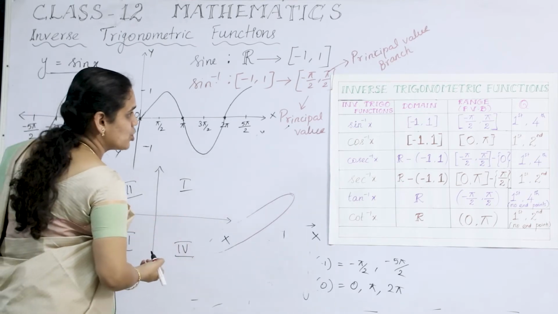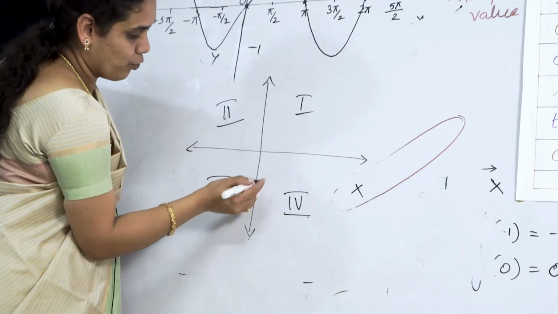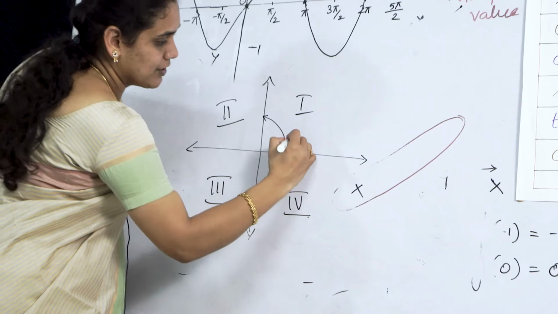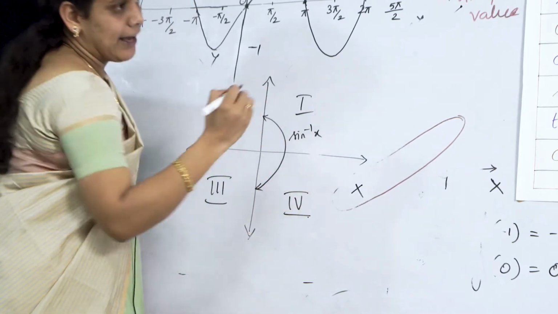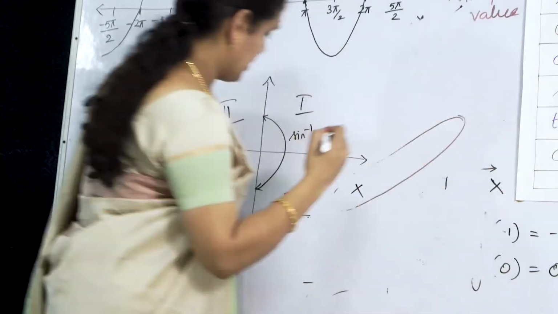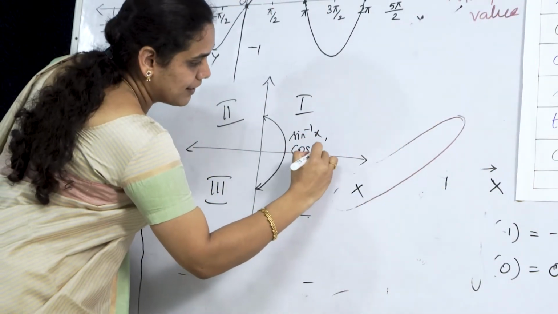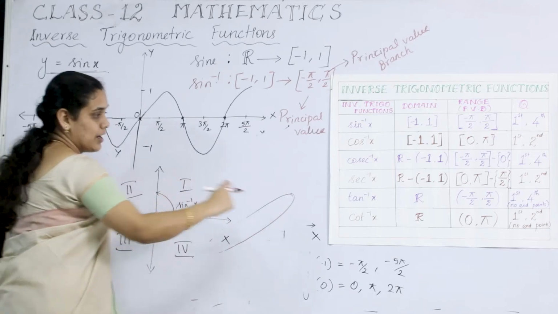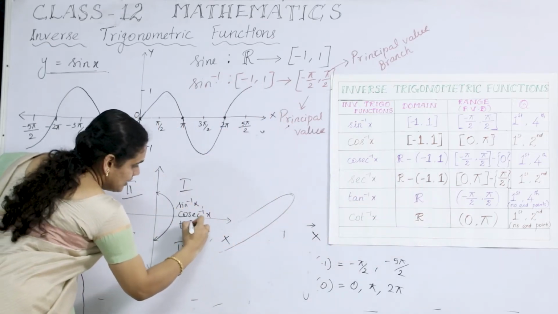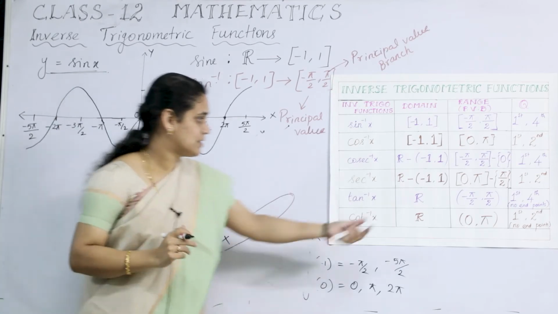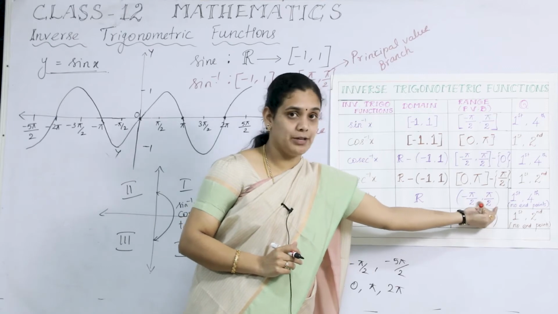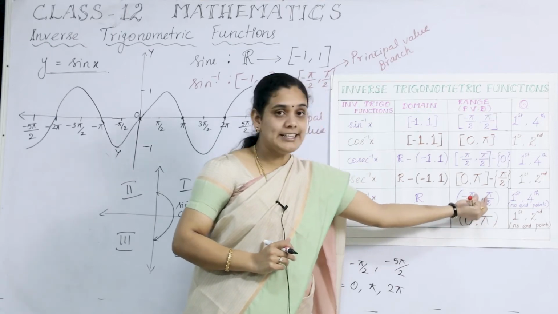Sine inverse of x lies in the first and the fourth. So it's like this here. And cosecant inverse also is the same, first and the fourth. And even tan inverse lies in the first and fourth, excluding the extreme points. That's why we are giving an open bracket. We don't take minus pi by 2 and pi by 2. It should be only inside the interval.